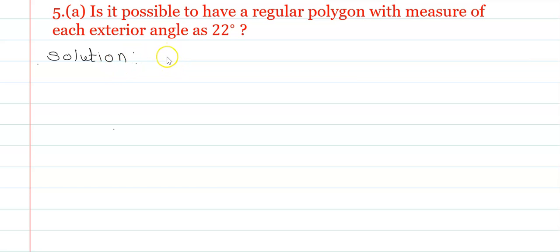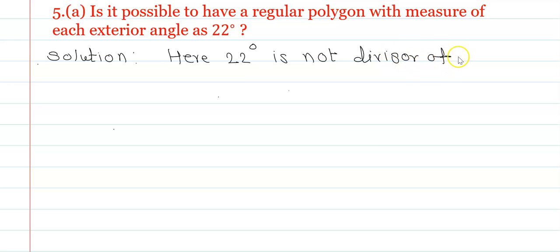Okay, here 22 degree is not a divisor of 360. Hence 22 degree is not possible for the exterior angle.